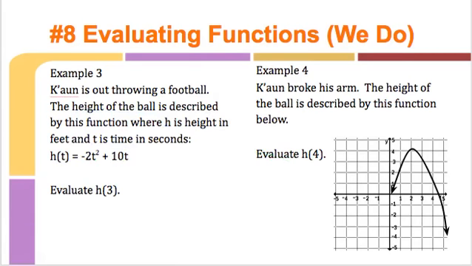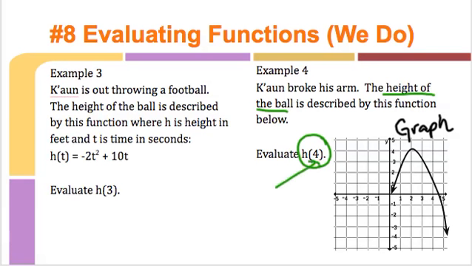So now example 4 is very similar, but again we have the graph representation. It says Kaon broke his arm. So meaning that he's not going to be able to throw the ball as high. It says the height of the ball is described by this function below. Evaluate h of 4.